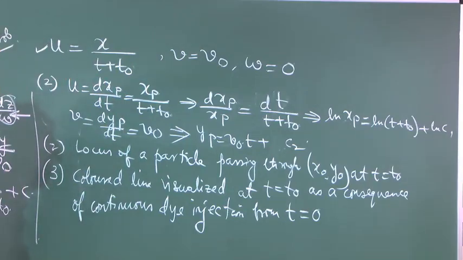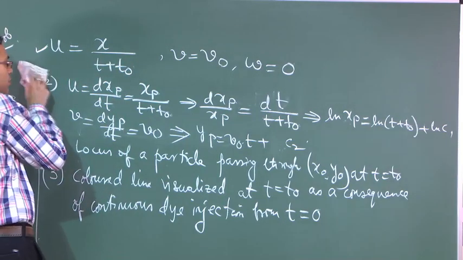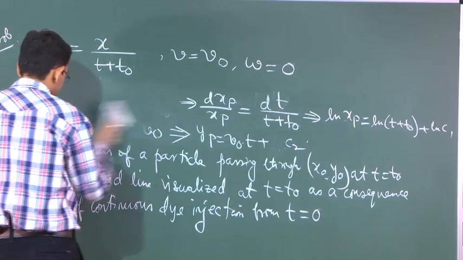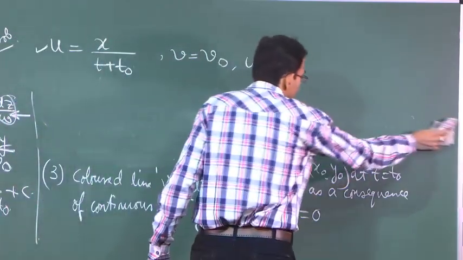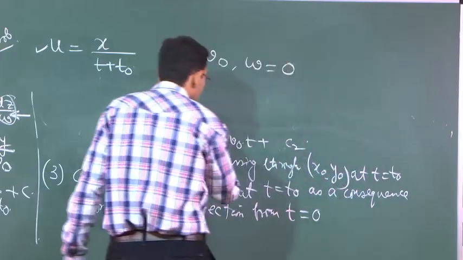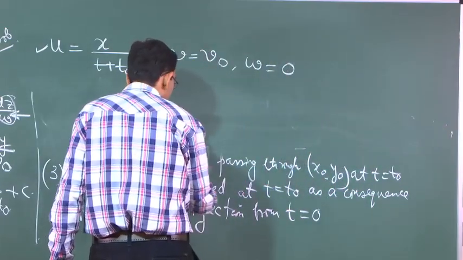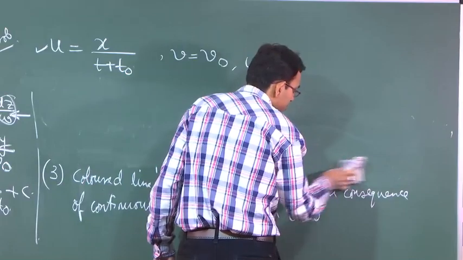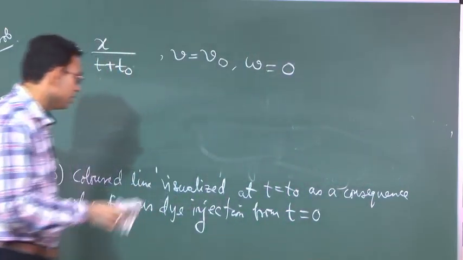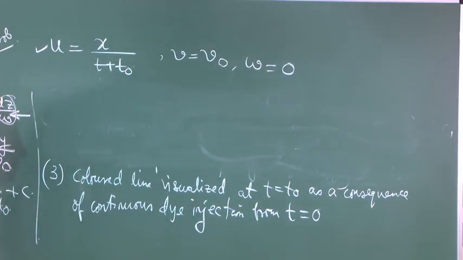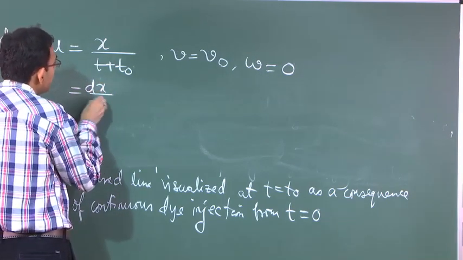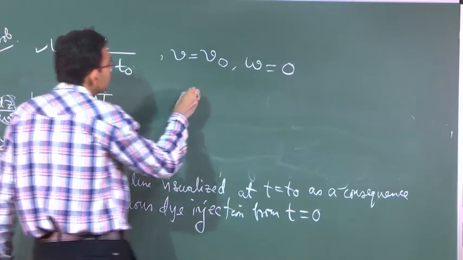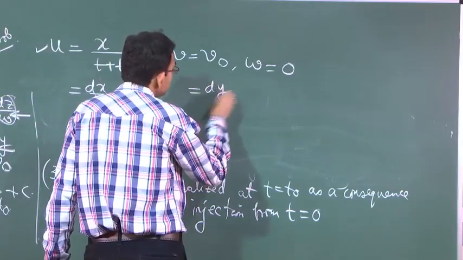The third part of this problem is the most interesting part. The second part is essentially the path line, and the third part as per the basic definition is the streak line. So, you can still write u equal to dx dt and v is equal to dy dt.